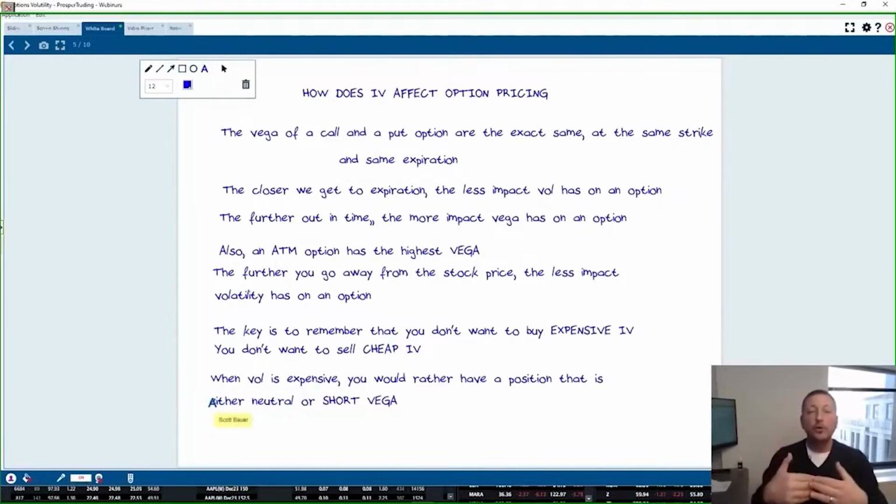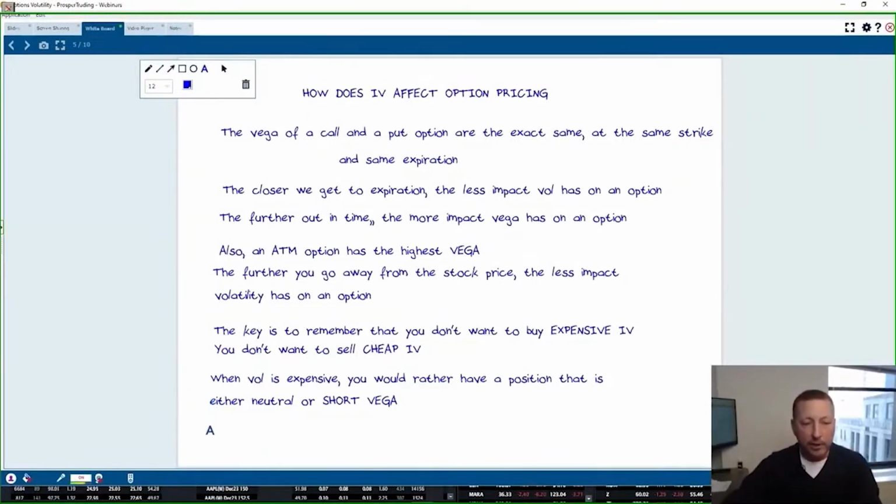Short meaning you have sold volatility. Because the rationale behind that is, if volatility is really expensive, we're looking at our charts, more likely than not, that volatility is going to decrease. So the options that you have sold become worth less.